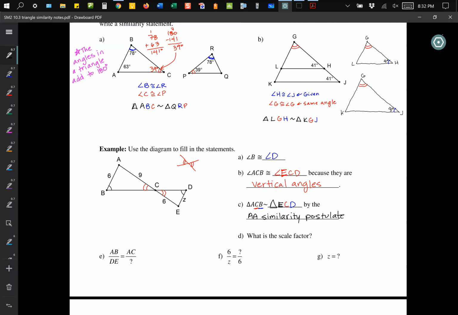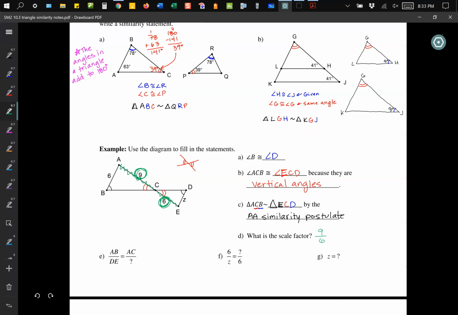In order to get the scale factor, I've got to know both sides. So I can't do that one because it's got the Z. But here I have the 9. That's between no marks and 2 marks. And I've got a 6, no marks and 2 marks. So because I know both of those numbers, I can use those to make a scale factor.